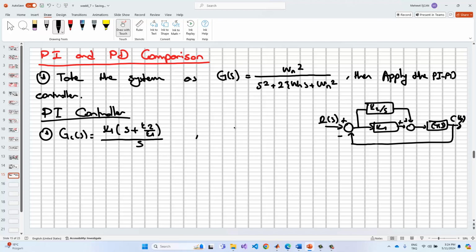Also we can write that R minus C, this is the error, times Gc times G must be equal to the C from this block diagram. So C divided by R can be reorganized like this, Gc times G over 1 plus Gc times G. This is the transfer function.